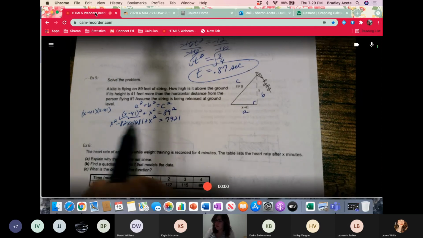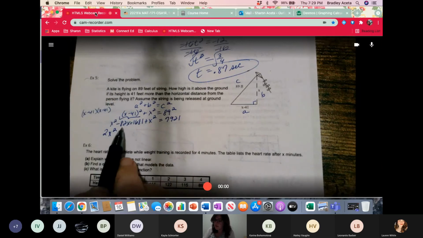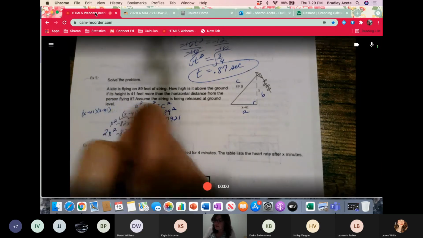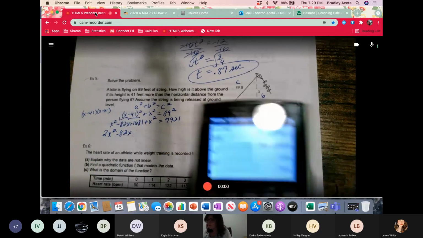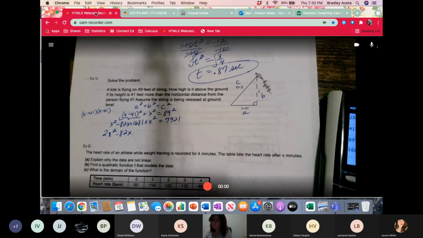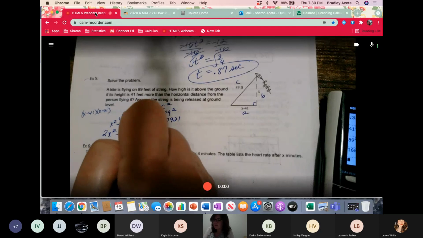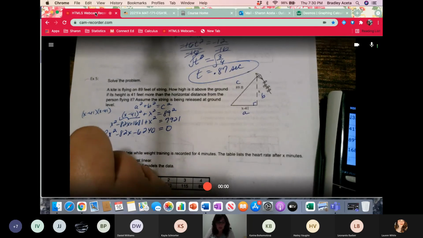So I would have X squared and X squared makes 2X squared, minus the 82X. I'm going to subtract 7921 over to here. 1681 minus 7921 is 6240. Minus 6240. Now, I noticed that they all have a 2 that I can actually factor out. It's going to help my quadratic formula definitely be better.